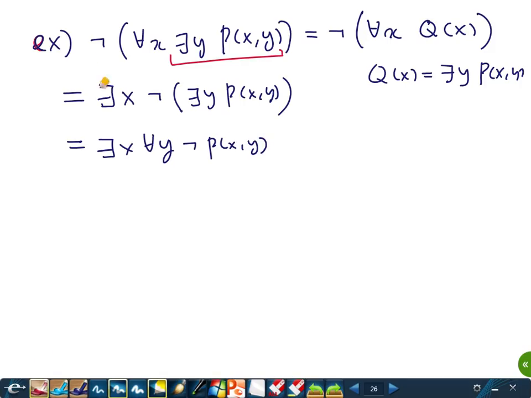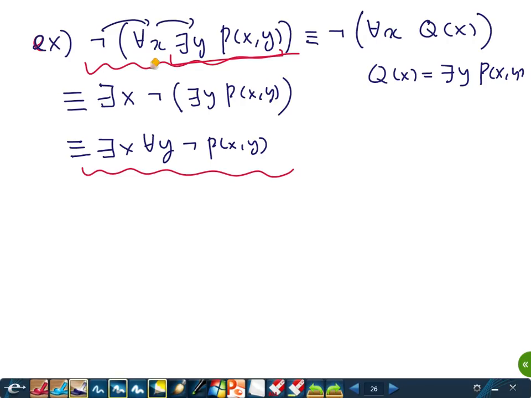So this thing is equivalent to this thing. So when you have nested quantifiers, and if you want to negate that, you can do this by moving the negation inside the quantifiers one at a time. Okay.